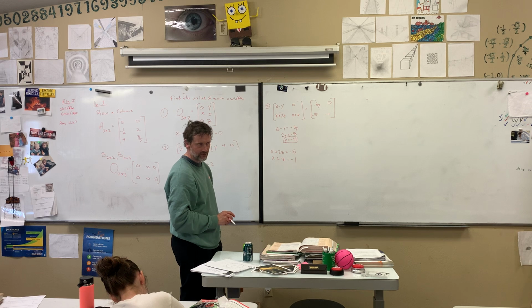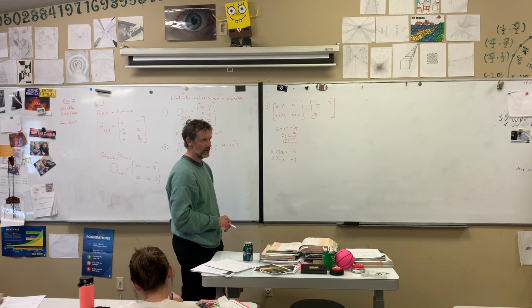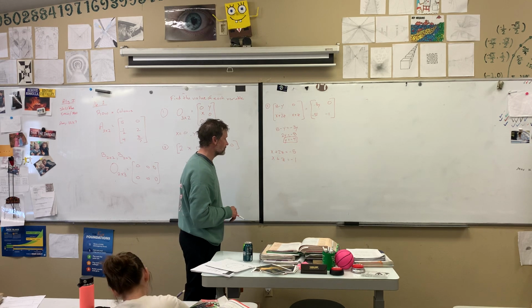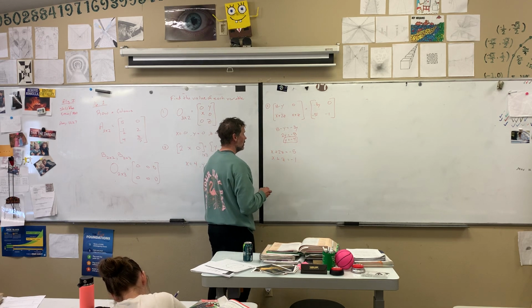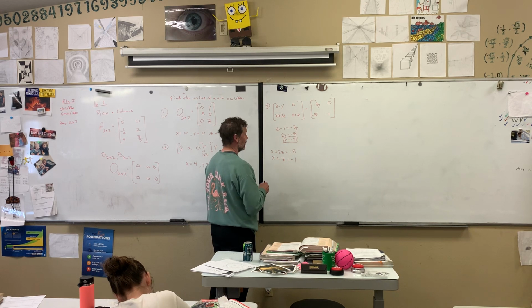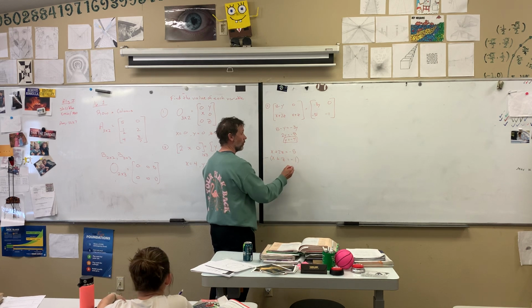This is what we call a system of linear equations. And what do I do with those? You can subtract, or you can do substitution. So if I was to subtract the x's, it's not just subtracting the x, right? It's subtracting the whole thing.